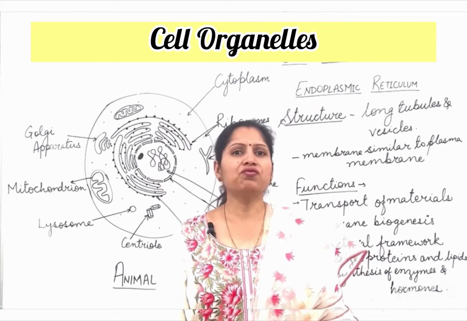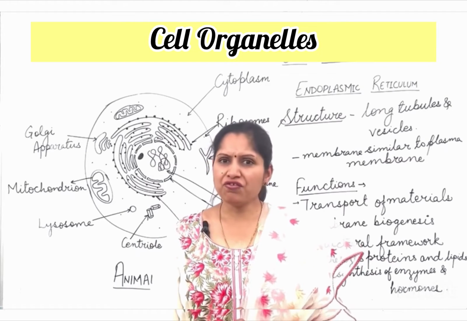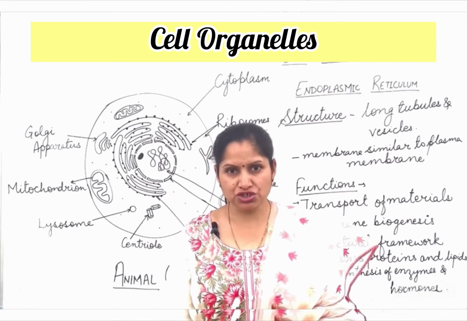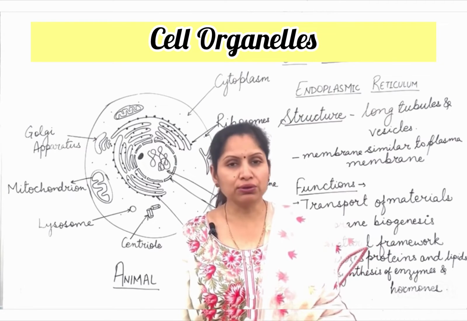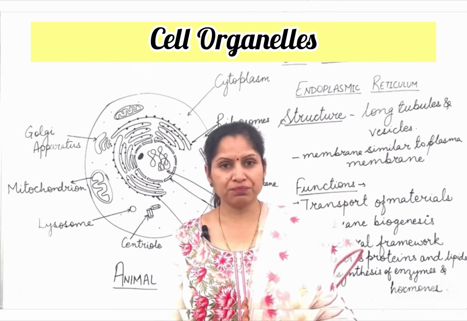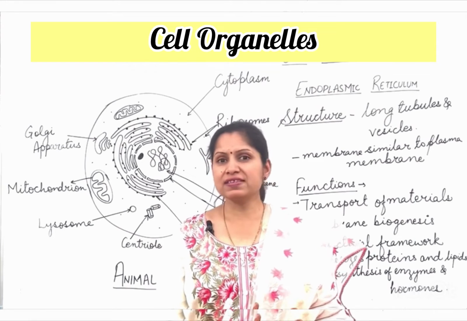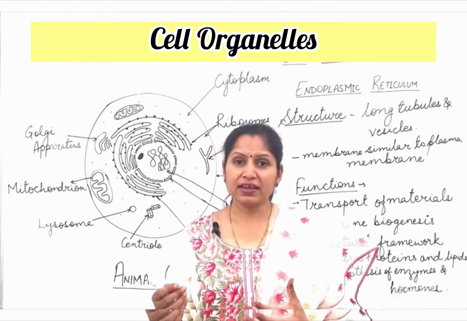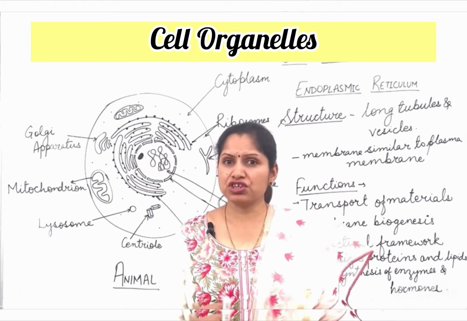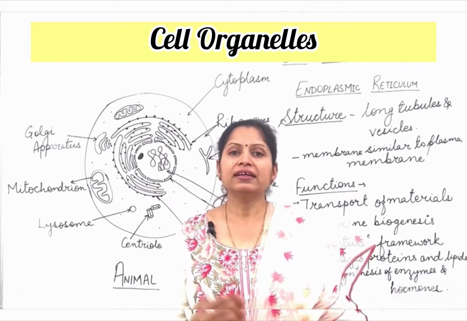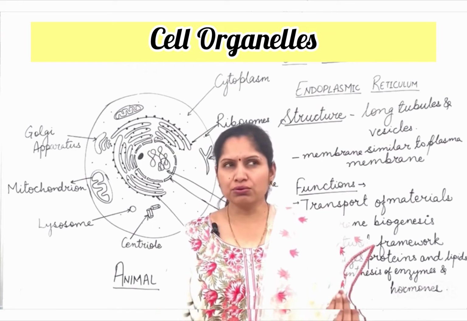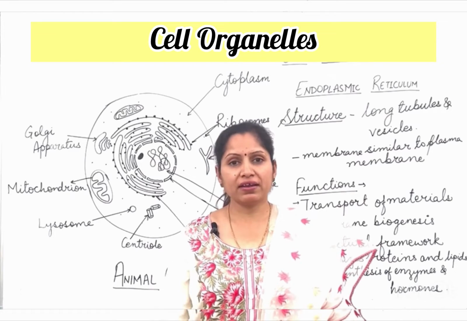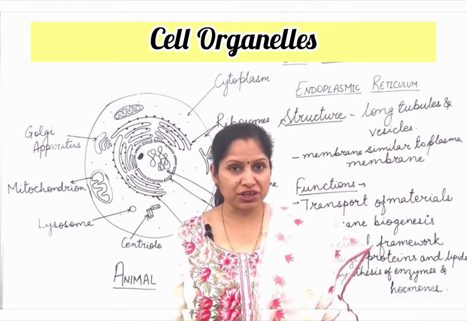Why is it called a functional unit? Every cell is capable of performing cellular respiration, that is breakdown of glucose to produce energy. Apart from that, every cell can perform excretion, that is removal of waste from it. Every cell performs digestion and nutrition, that is takes up glucose and amino acids and uses them for preparing the different cell components.